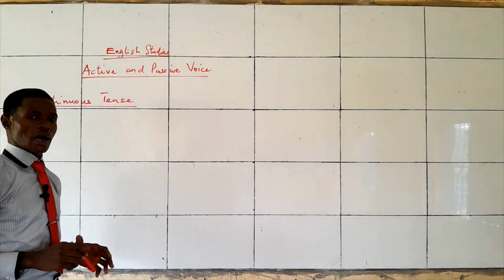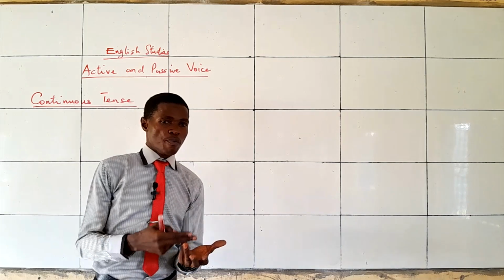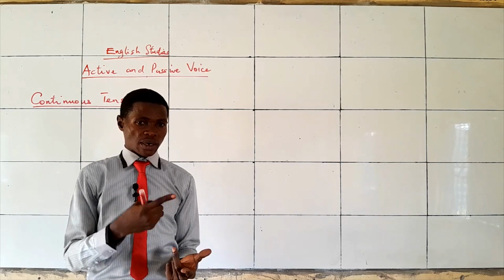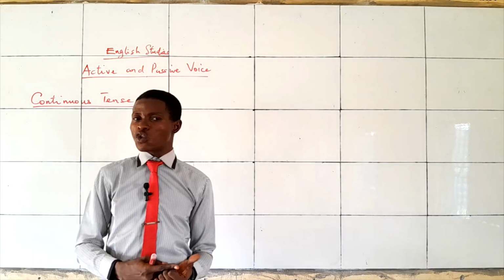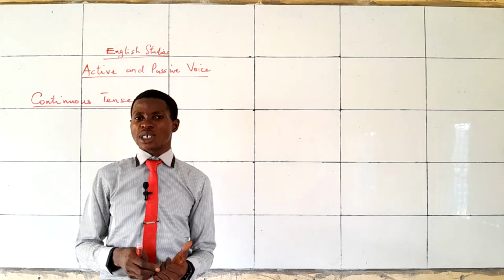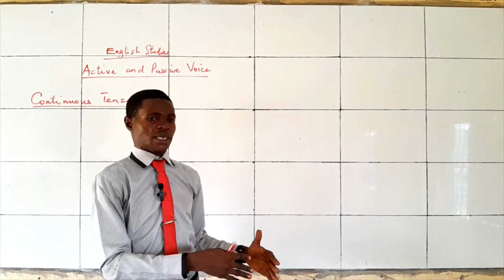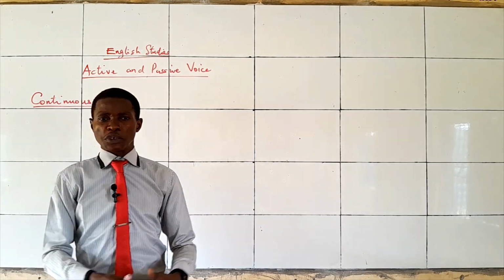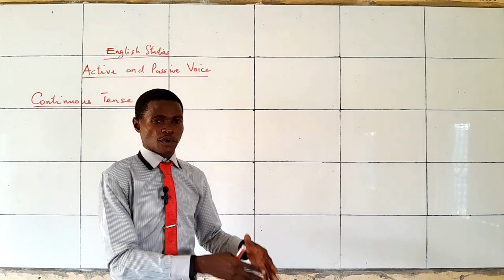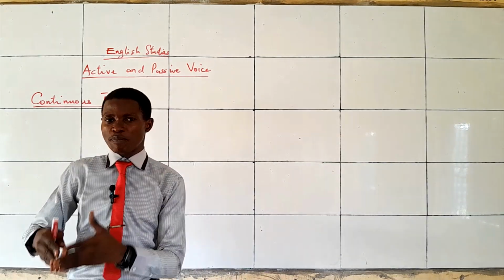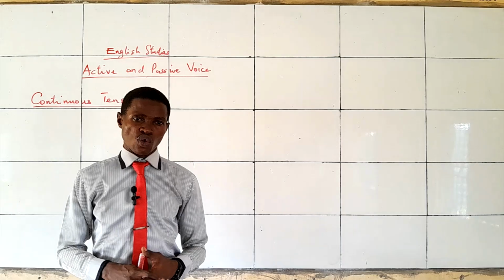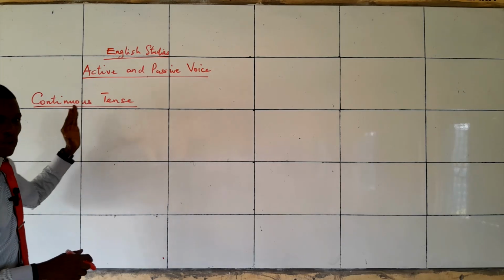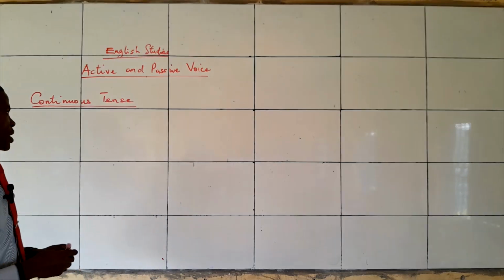These finite verbs could be simple tense, continuous tense, perfect tense, or future tense. From them you can form other derivatives like simple present, simple past, present continuous, past continuous, future, present perfect, past perfect, and so on and so forth. So today, how do we convert a continuous tense from active to passive voice?